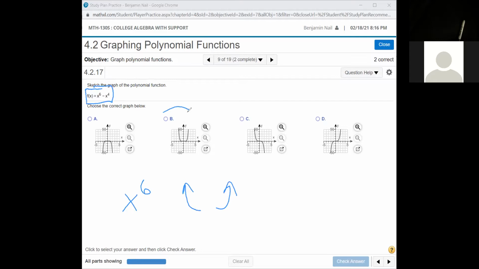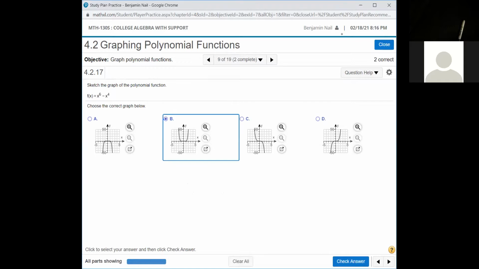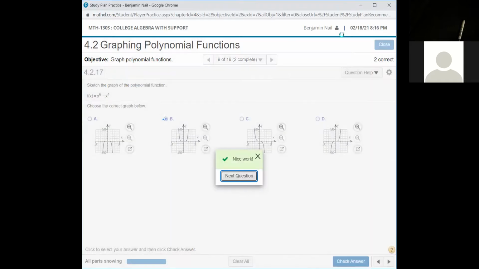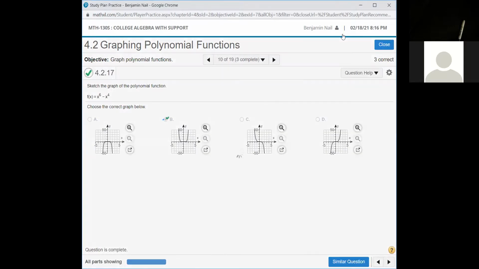Okay, so in this case, B is going to be your correct choice. So just knowing your end behavior is enough to get you into the right choice with this particular one. Okay, so we clear our drawings out and we can click B. All right, and that's going to be the right function.